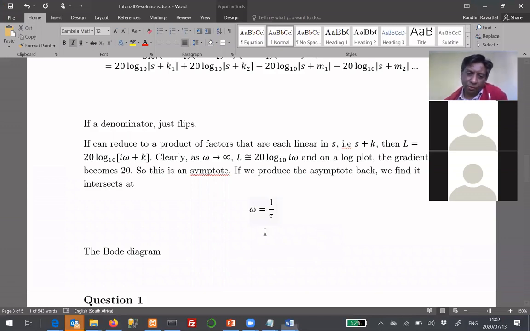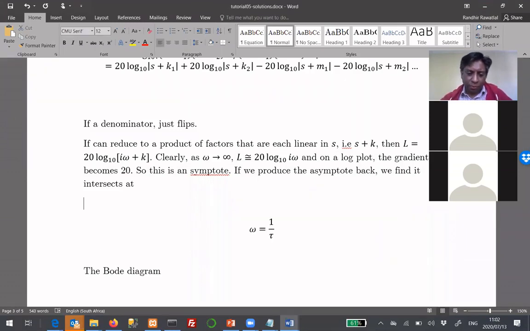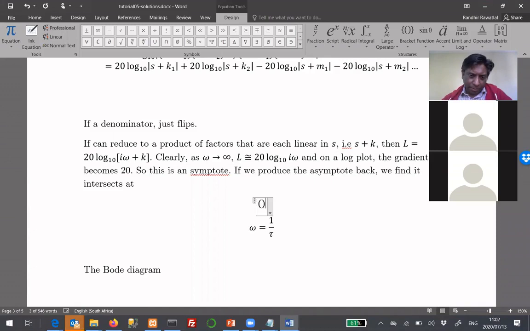We just need to look for 1 over tau, and tau being, of course, the time constant there. So remember in the standard form, we write tau s plus 1.